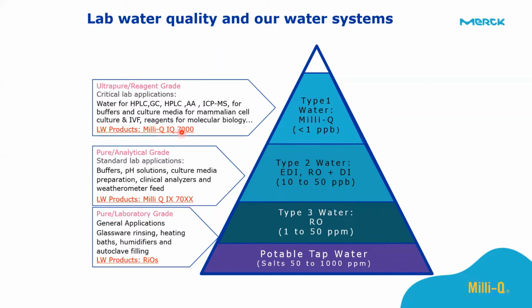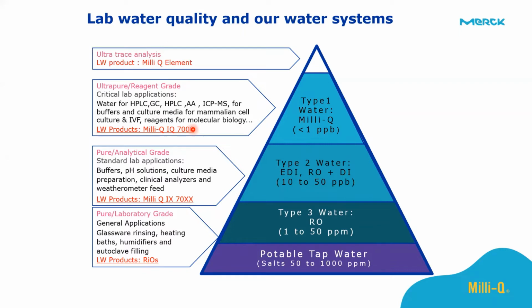We also have products that are able to produce type 1 water. And for those who do ultra trace analysis, we also have other accessories that are able to produce water for ultra trace analysis.